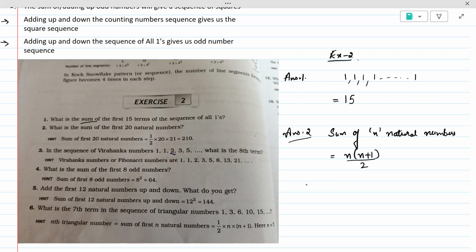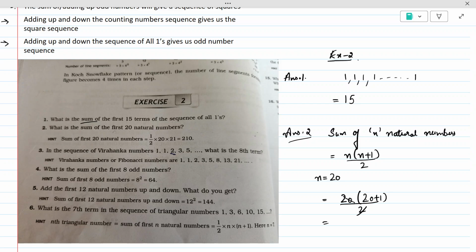Okay. And now we are asked for the first 20. So n is 20 here. So we will put this value. What we will get is 20 multiplied by 20 plus 1 divided by 2.